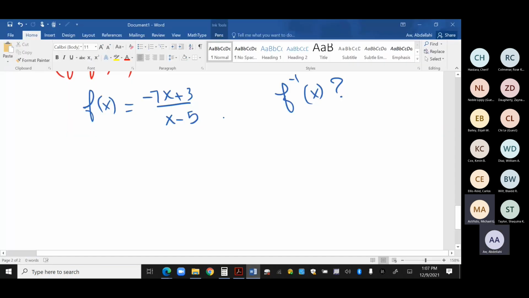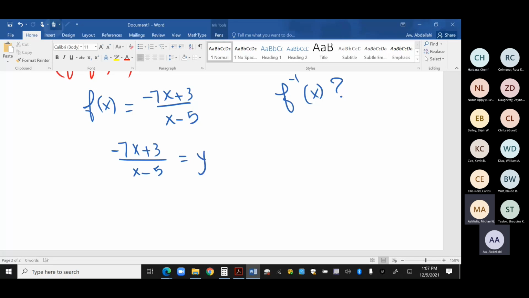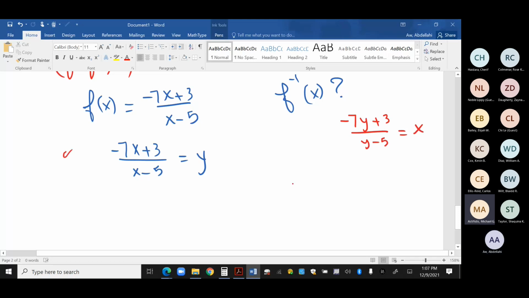We have to set this equal to y, right? Now, some people, if you follow Alex or something like that, do switch. Some people write -7y plus 3 over y minus 5 equals x. This is the same thing. I like this way better.